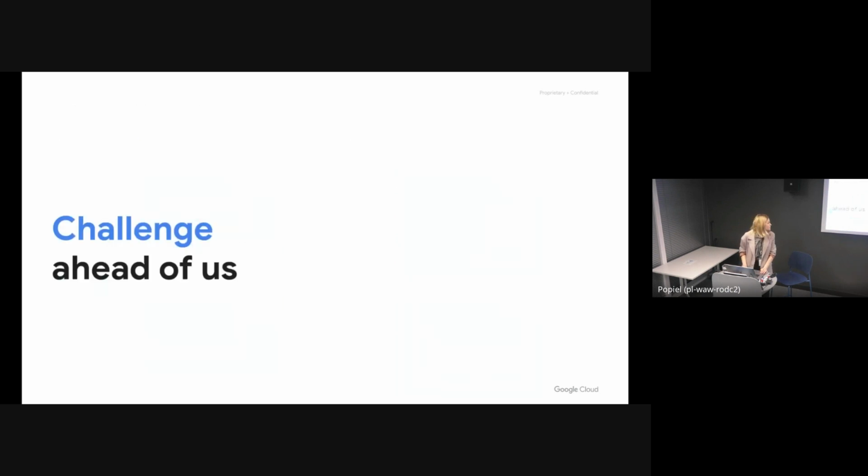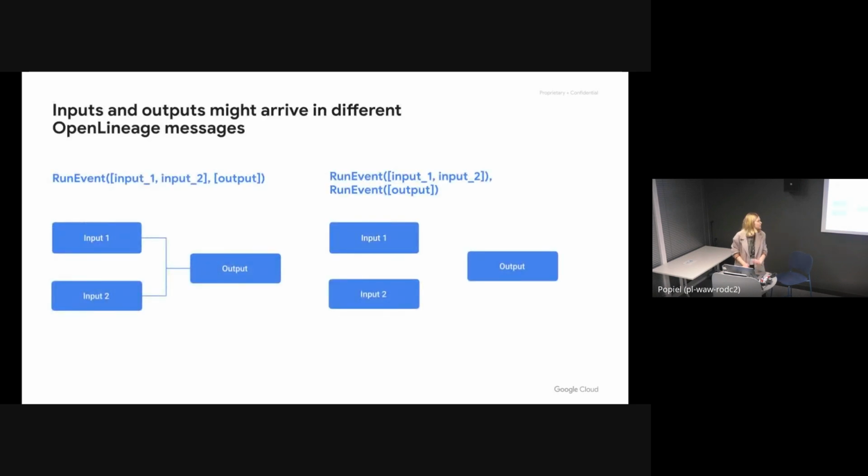There is also one challenge that we still have to tackle. We know that formally inputs and outputs are incremental, and we can receive them between run events. For example, we have two messages.